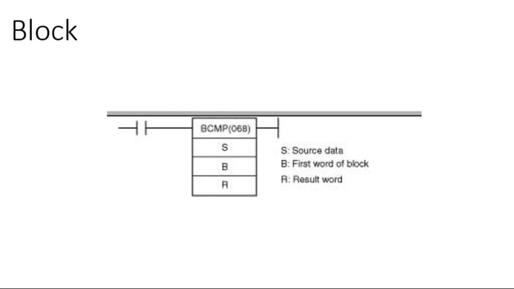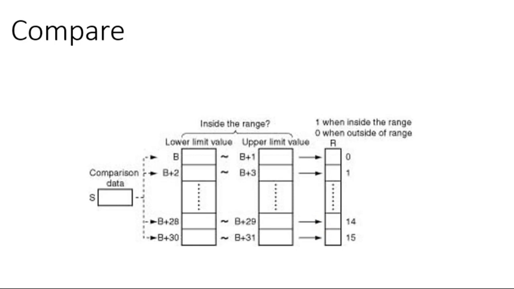So the first one is source data, then the first word of block, and the last one is the result word. So there are three contents in the block compare instruction. Let's see more about it. S is the source data, as I have told you already.